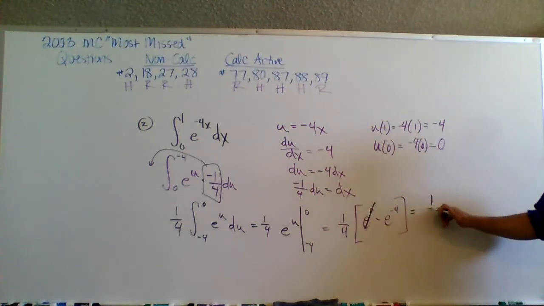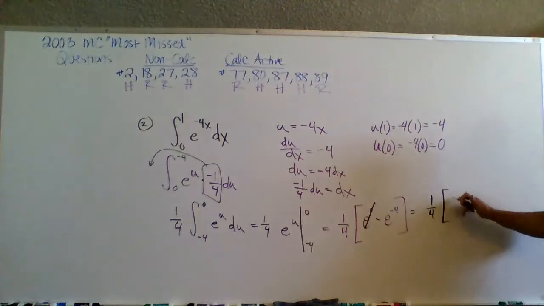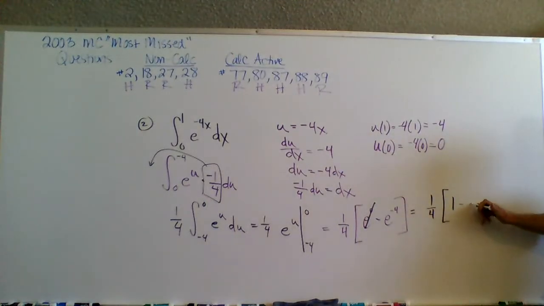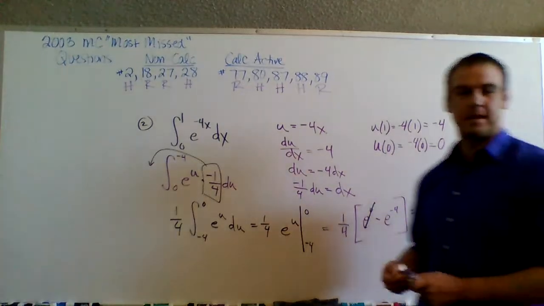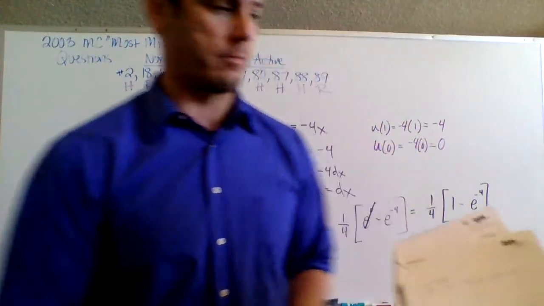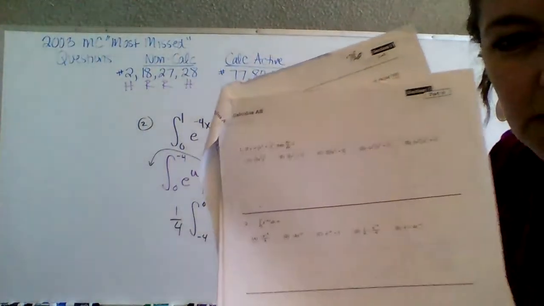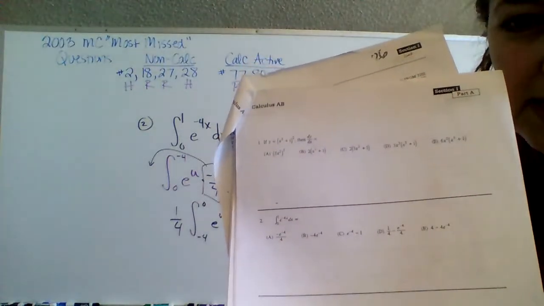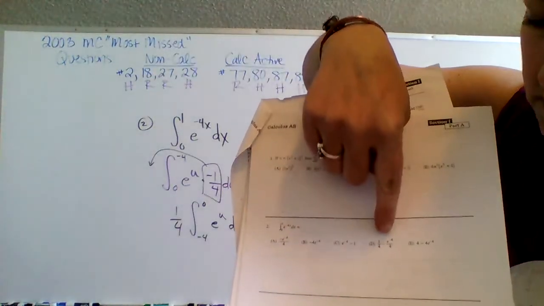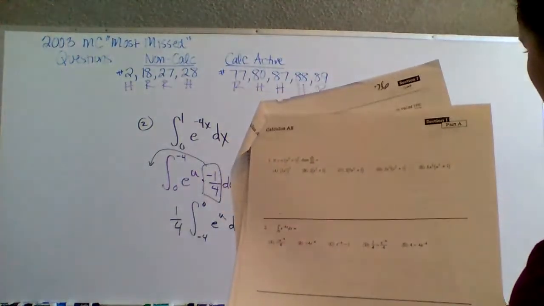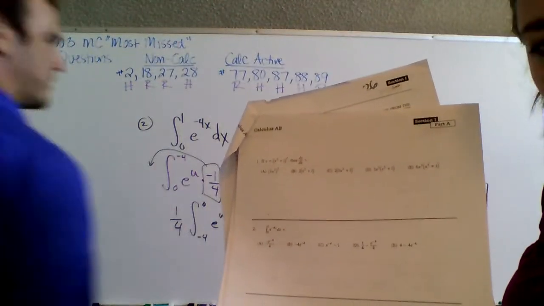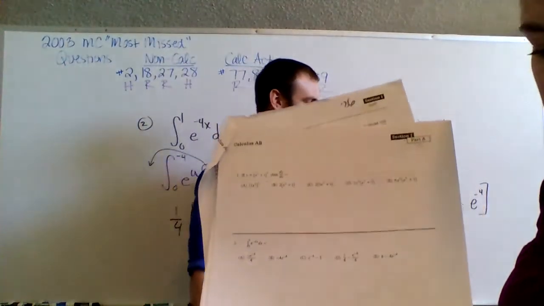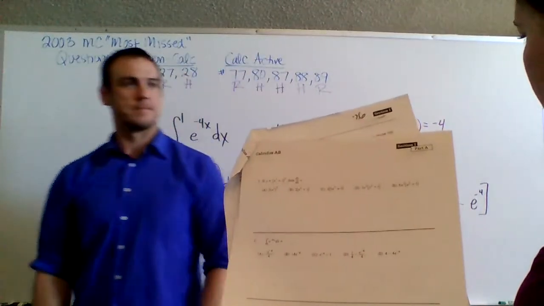So we get 1/4 times 1 minus e to the negative 4th. Okay, and now we want to look at kind of what our possible answers are here. So here's our packet, and it looks like they might have distributed, and it might be D. Yep, that looks exactly like it. 1 minus e to the negative 4th on top, and the 4 in the denominator.